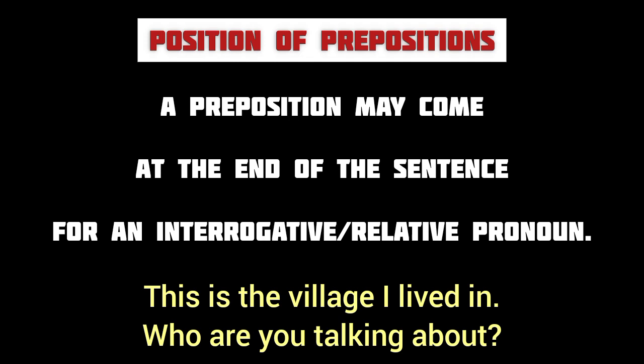For example, the sentence, "Who are you talking about?" starts with the interrogative pronoun who, so the preposition about has come at the end of the sentence. Similarly, "This is the village I lived in." In this sentence, the preposition has come at the end of the sentence because the relative pronoun which is in the hidden or understood form in this sentence.